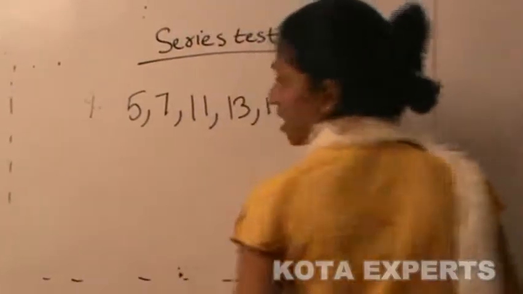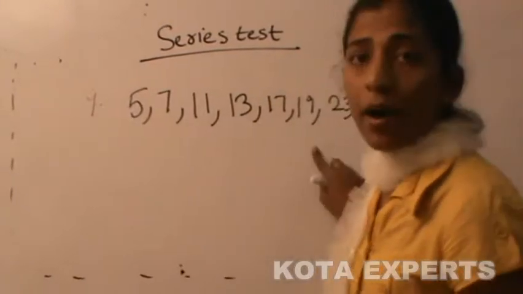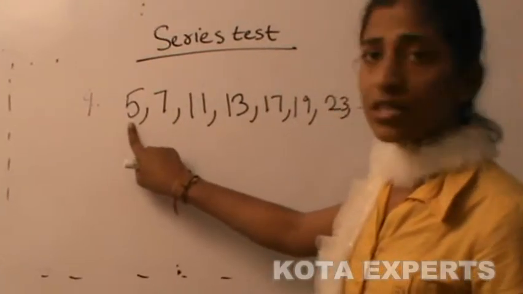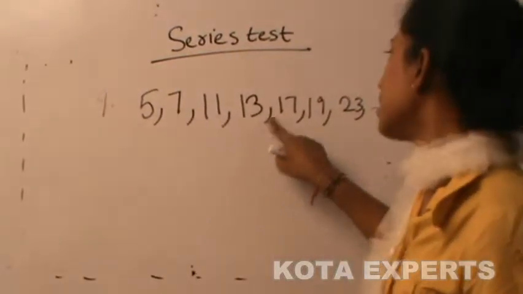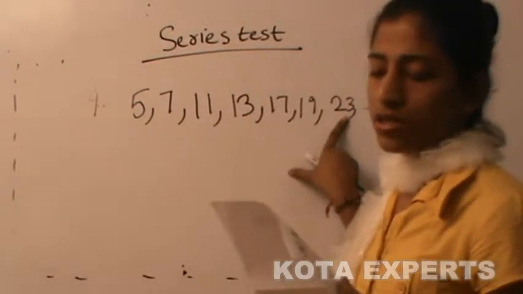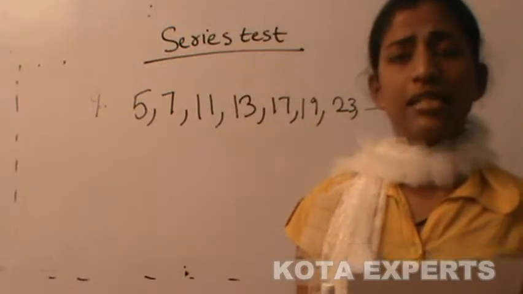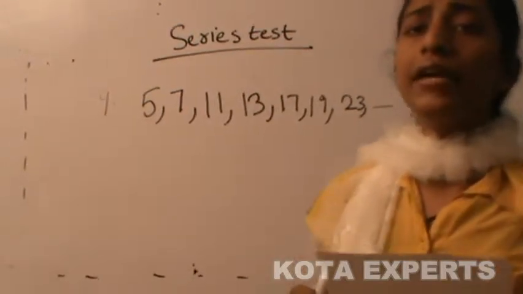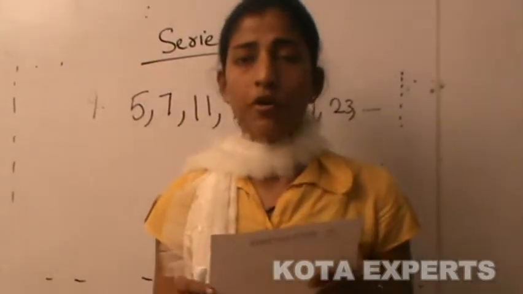I think these are all prime numbers. 5 is a prime number, 7 is a prime number, 11 a prime number, 13, 17, 19, 23. All are prime numbers. Which is the next prime number in these options? 26. Is it a prime number? No. It is divisible by 13. So it is not a prime number. 27.